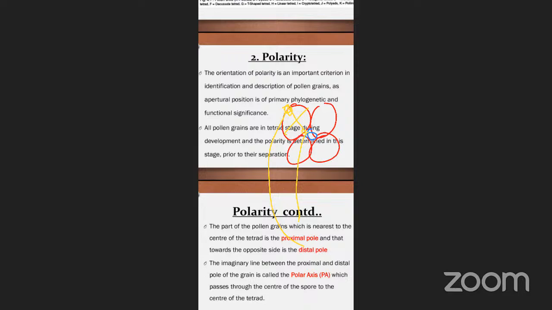This is the blue color, the equatorial axis. The yellow color connects the proximal pole and distal pole. Both poles, proximal and distal, the yellow line is considered the polar axis, PA. This one is the polar axis, PA.